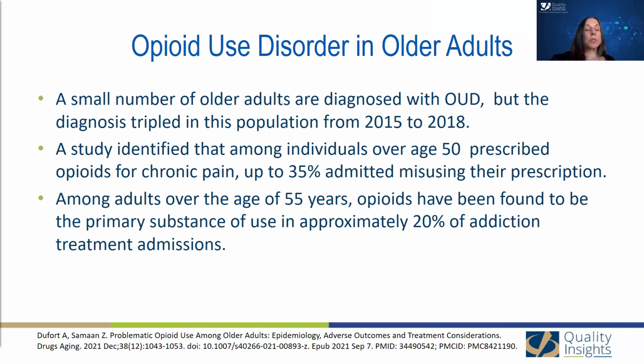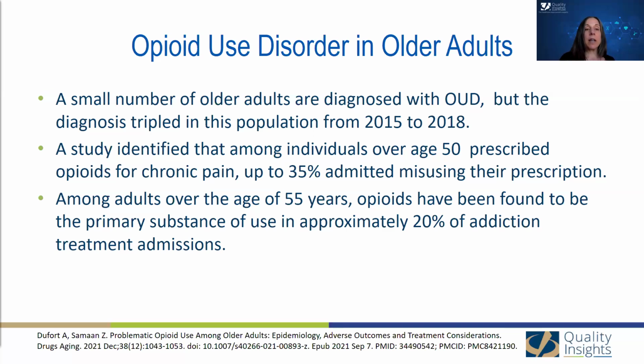So, opioid use disorder in older adults. A very small number of older adults are actually diagnosed with opioid use disorder, but the number of individuals being diagnosed is rising. It tripled from 2015 to 2018 among older adults.